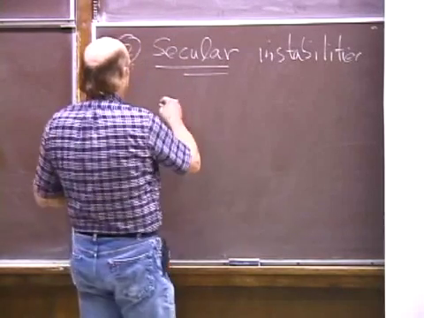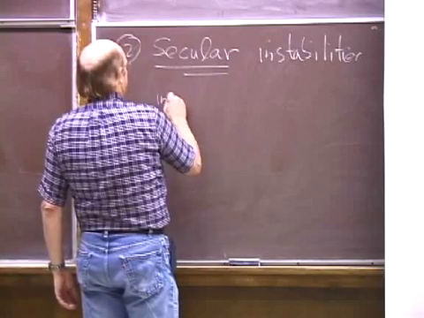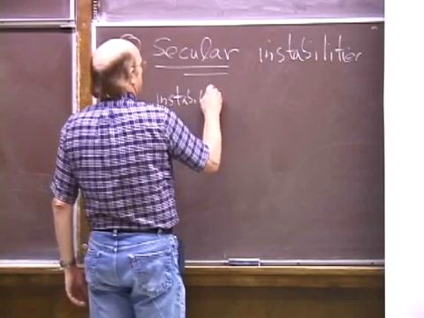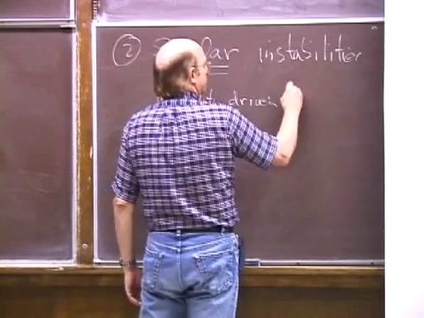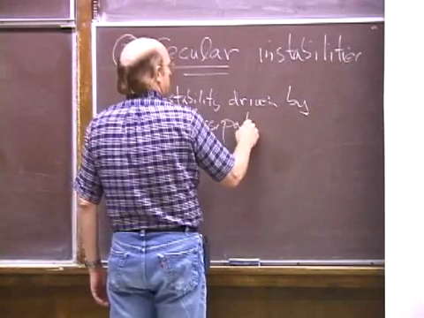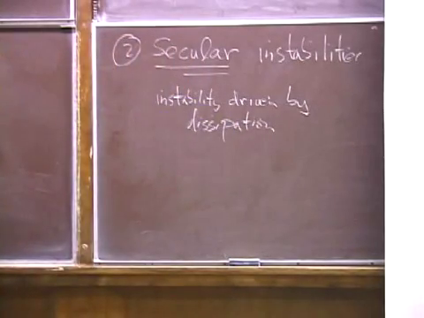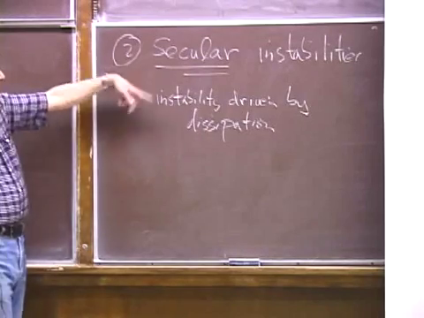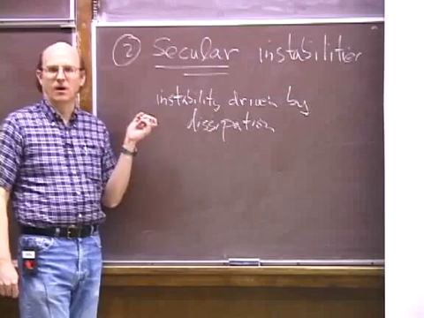So in secular instabilities, if there were no dissipation present, then in fact these instabilities go away. That is, the time scales become infinitely long.